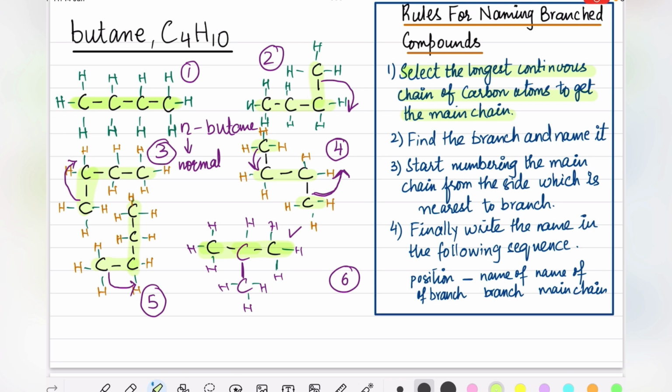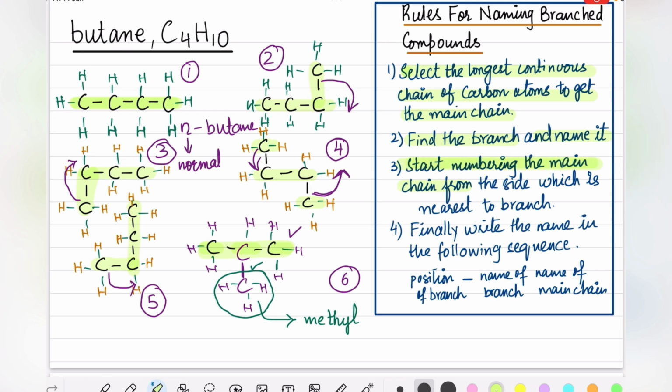The second rule is find the branch and name it. Now this is the branch that is present below the main chain, and what is its name? As it consists of only 1 carbon atom, its name will be methyl. The next rule is start numbering the main chain. We have to number the carbon atoms in the main chain.